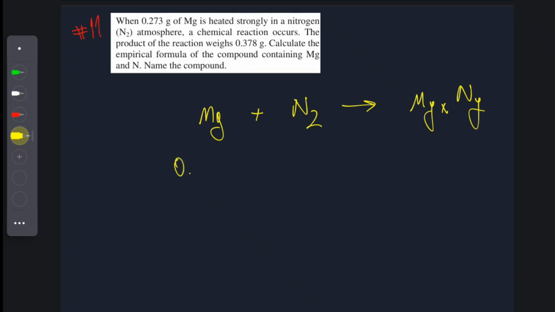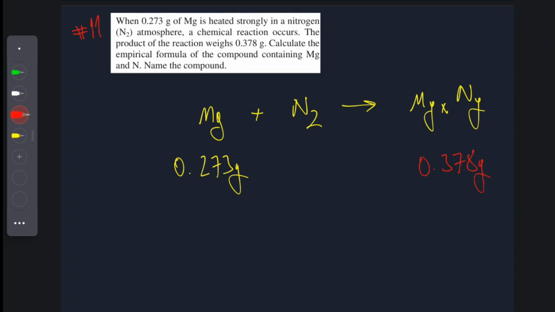So we have 0.273 gram of magnesium. We don't know how much nitrogen, and we don't know the ratio between these two, but we know that the mass of the product is this.